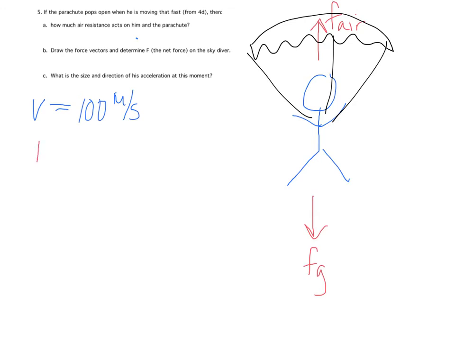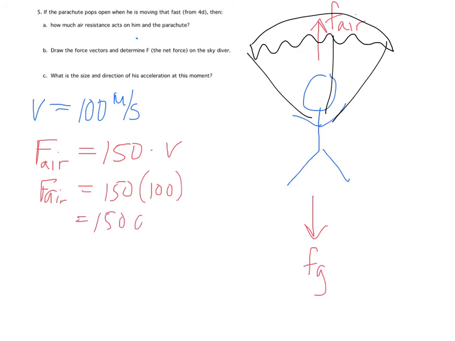When the parachute is open, our force due to air is now 150 times the velocity. So let's do 150 times the velocity of 100. It's a very big number, 15,000 newtons.